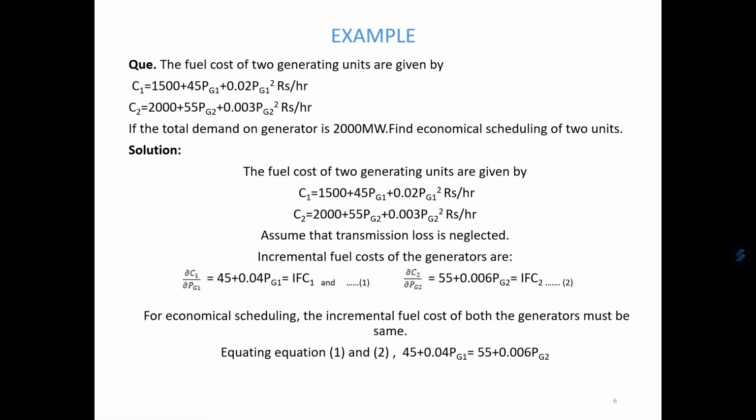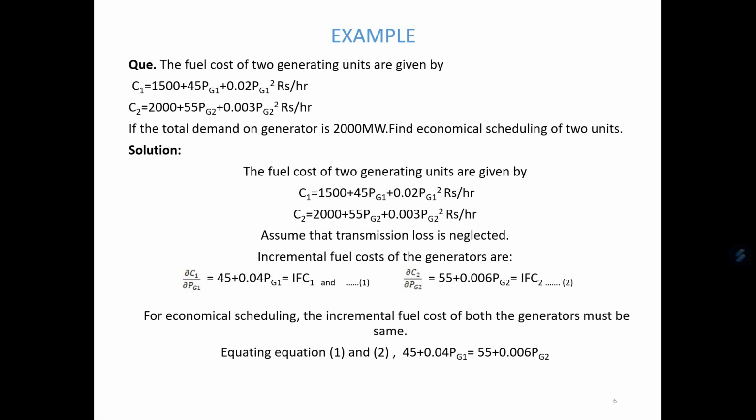This denotes that the fuel cost represents the cost of fuel required to run the generator for a 1 hour duration. Similarly, C2 = 2000 + 55 Pg2 + 0.003 Pg2² rupees per hour, where C2 represents the fuel cost equation of generator 2, Pg2 represents the power generated by generator 2 and the unit is rupees per hour.